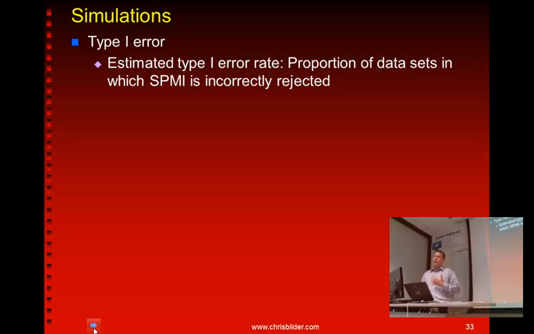Since I'm involved in hypothesis testing here, I want to estimate the type 1 error rate. So you specify a type 1 error rate of 0.05. But for a hypothesis testing method, is it really, truly 0.05? Maybe not.